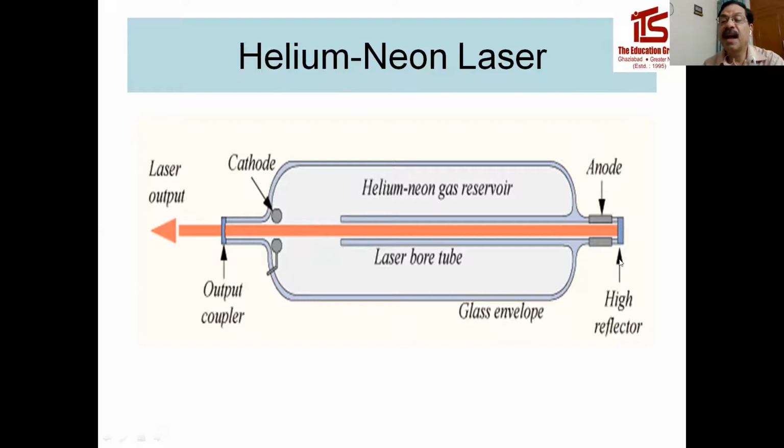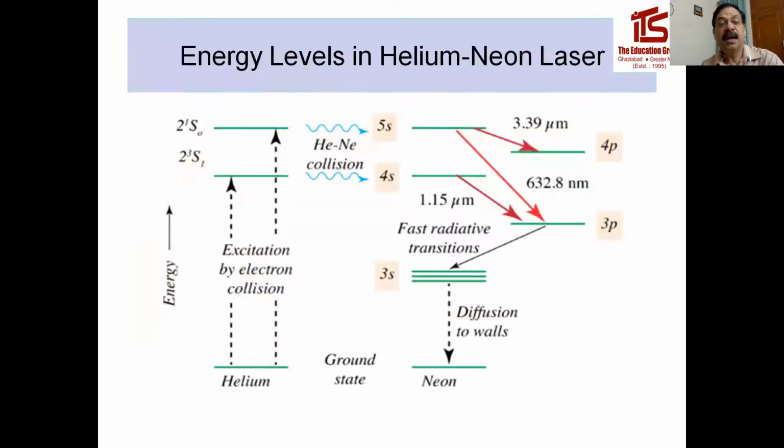This mirror is a high reflector and this mirror has only 1% transmission, and is called the output coupler mirror. One has very high, typically 99.9% reflectance, and the output coupler mirror allows approximately 1% transmission.